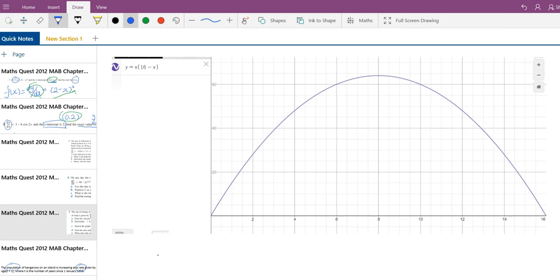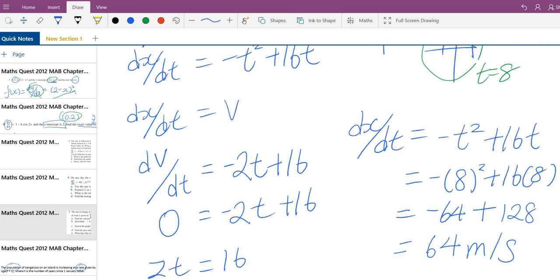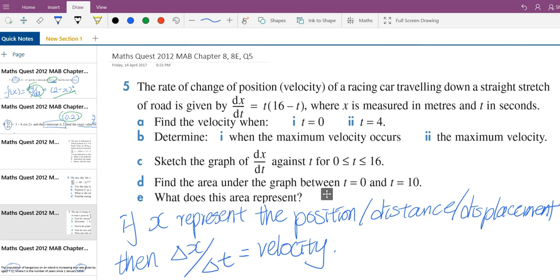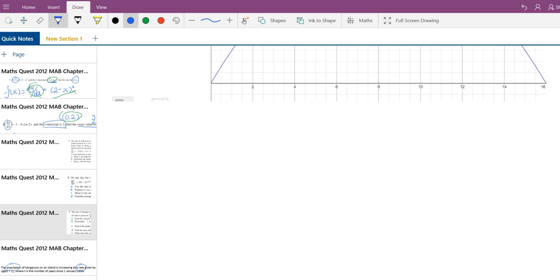So we have to integrate the velocity function over the domain, which is 10 to 0. So we have dx/dt equal to negative t squared plus 16t.